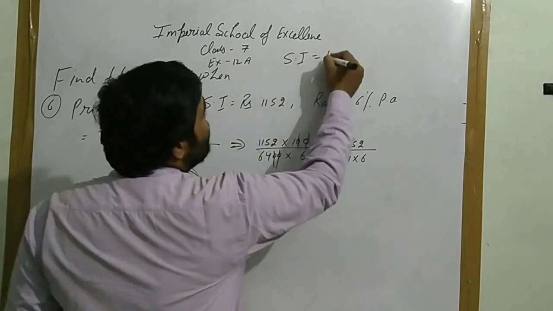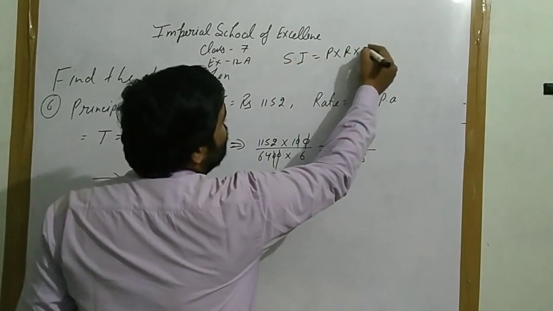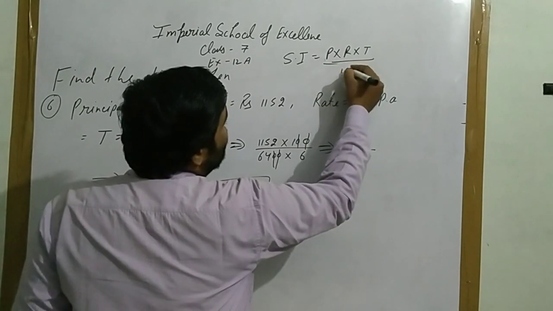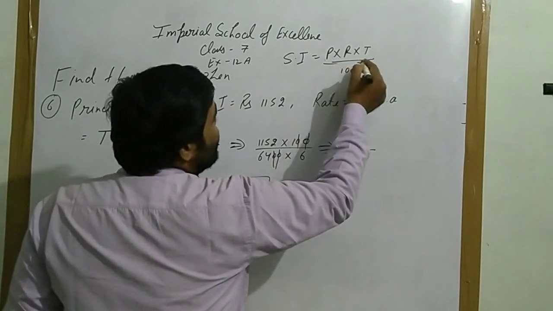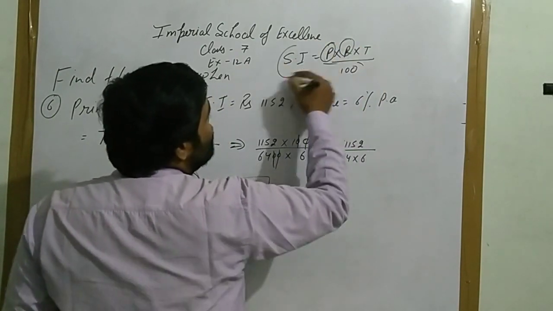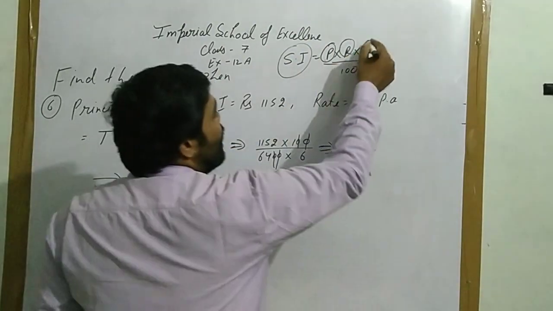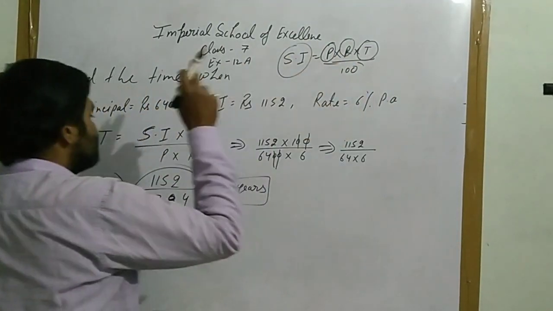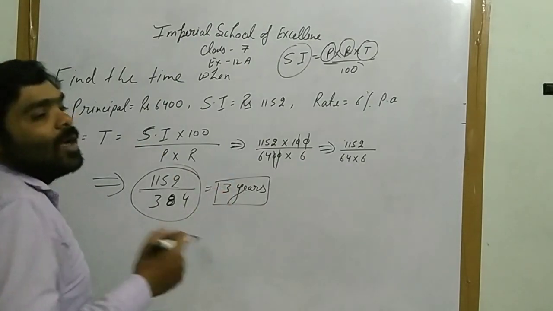When the other three quantities are given, we have to find only T. This is the way you can find the time.